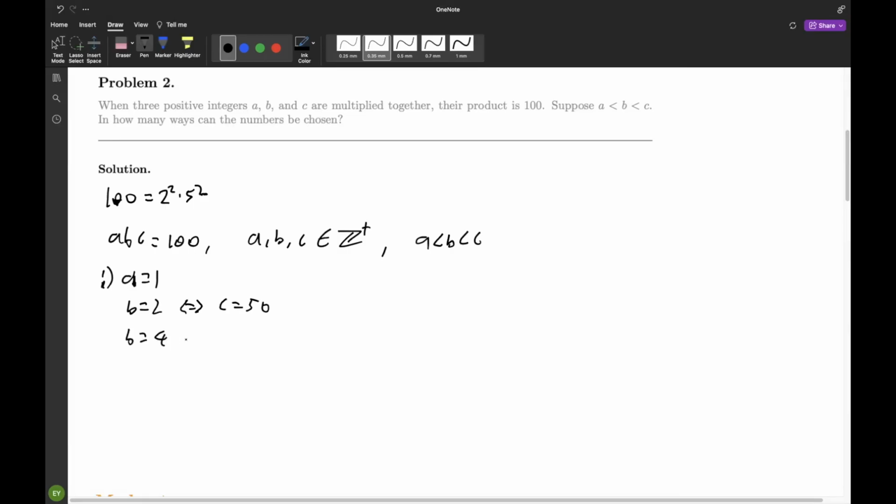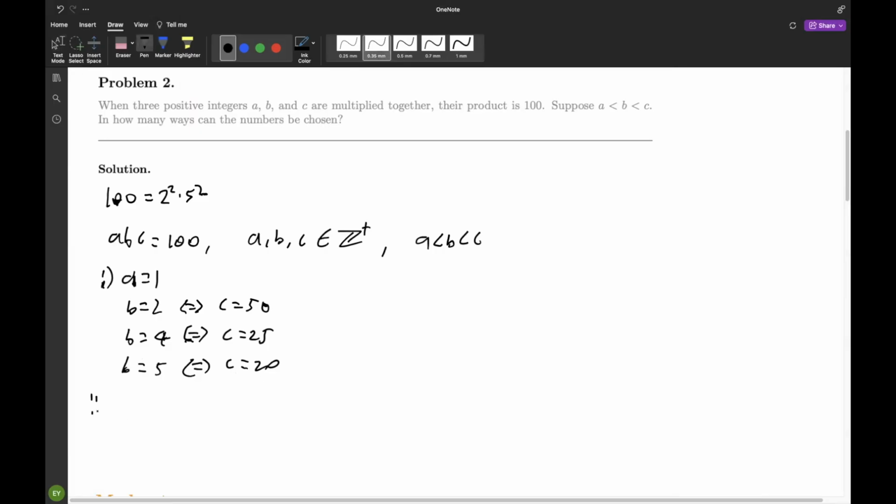When b equals 4, c equals 25. When b equals 5, c equals 20. But now we know that b cannot be equal to 10, right? Because then b and c will be the same.